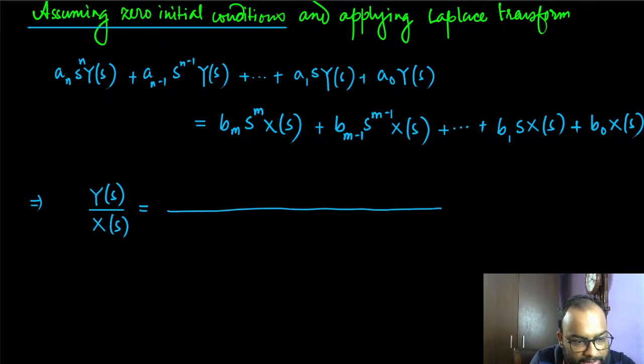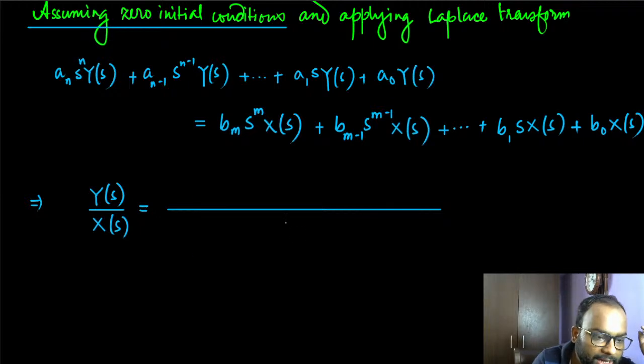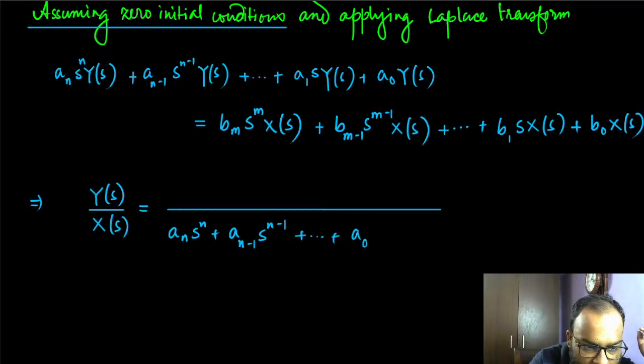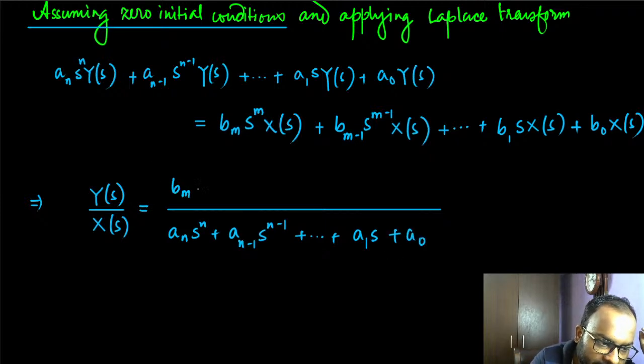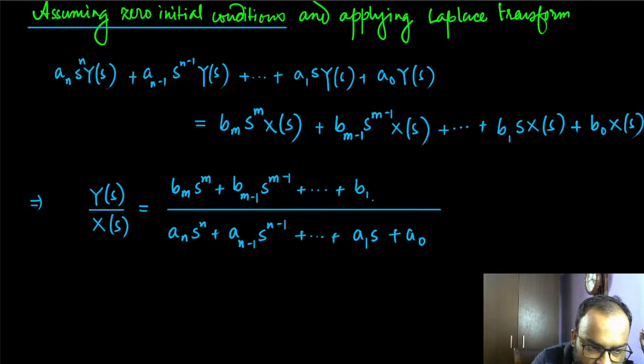essentially we are going to end up with something like this: a_n s to the power n plus a_(n-1) s to the power n minus 1, and so on, a1 s plus a0, and here I have b_m s to the power m plus b_(m-1) s to the power m minus 1, and so on, b1 s plus b0.